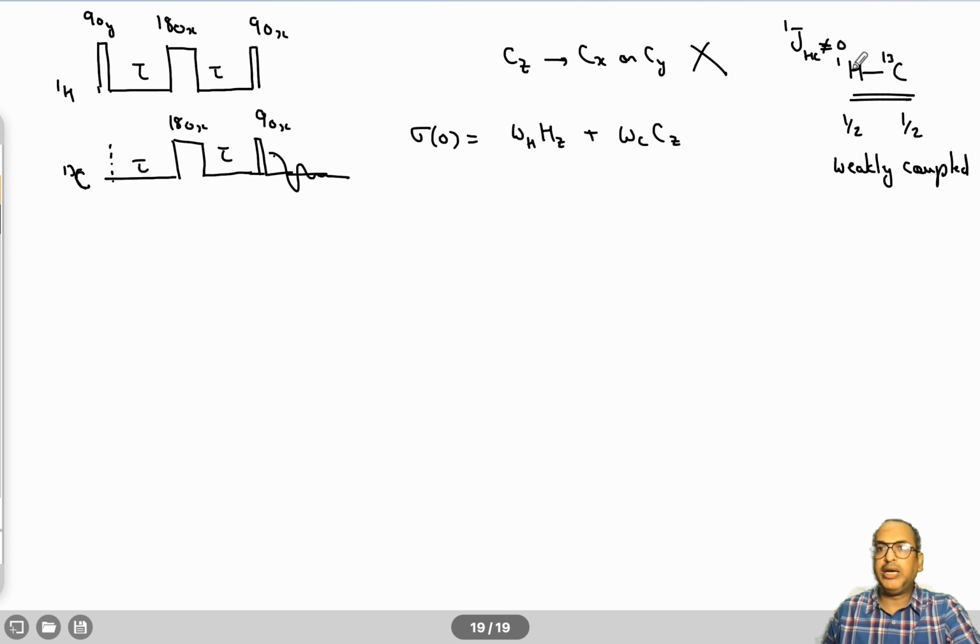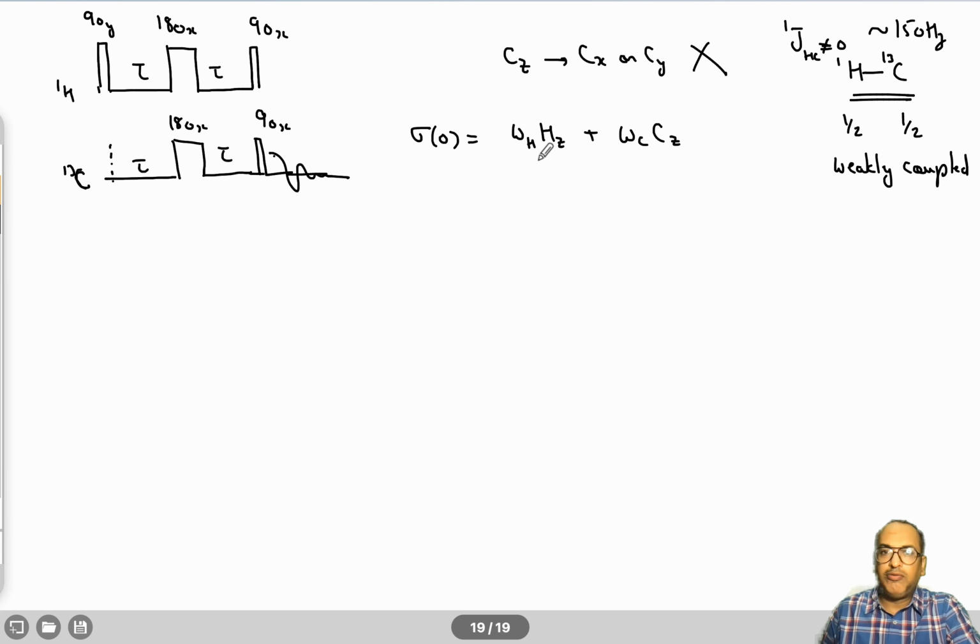Because omega h and omega c are far apart as compared to the one bond scalar coupling constant, which is roughly 150 hertz or something. So since it is weakly coupled, we'll be having the chemical shift and scalar coupling Hamiltonian as Iz, Hz Cz, right? So we'll see that.